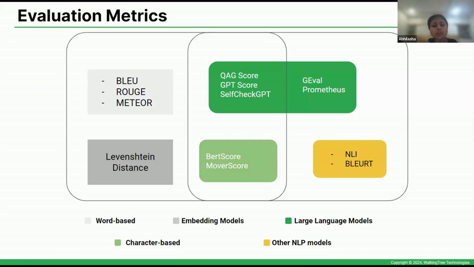These are based on words, where you count n-grams or check the number of keywords coming in, or things like that. Now, Levenshtein distance is more to do with similarity, the similarity between the expected result and the actual result, and then trying to give some score around that.